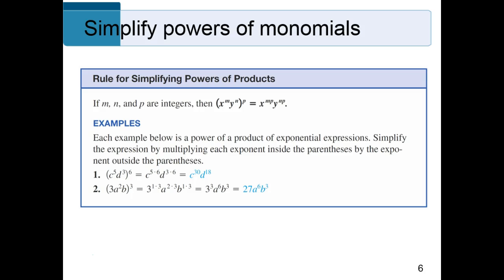In each example below, let's see if we can do those. What is c to the 5th, d to the 3rd, to the 6th power? c to the 30th, d to the 18th. You're reading my fingers, aren't you? Okay, never mind. Okay. All right, I'm going to get down here. No, don't look.